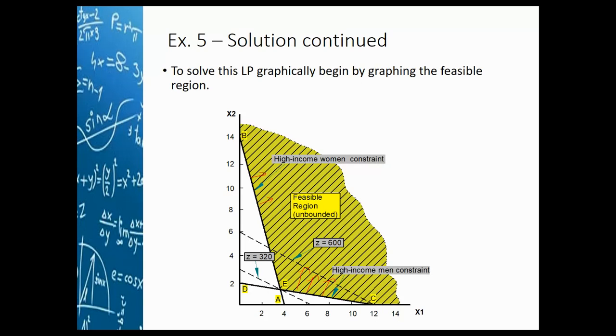If this is your level curve or isoprofit value, how are you able to move forward there? You cannot, right? Because this one is unbounded. You cannot find the intersection between two lines together.